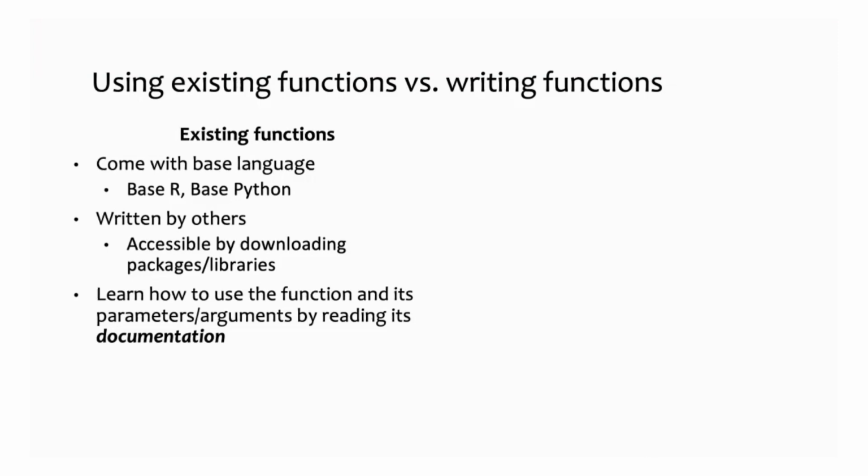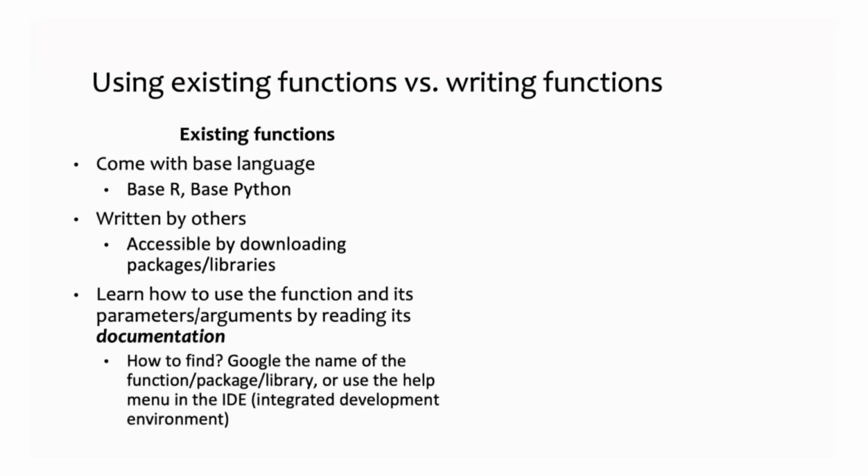And the way that you know how to use a function and what parameters and arguments it needs is by reading its documentation. Documentation refers to descriptions of the code base and how it works that are written by the people who wrote that function or that package. And the way that you find documentation for a particular function is either first just Googling it, or Googling the name of the function and the name of the package or library that it came from, or using the help menu in the IDE that you're working in.